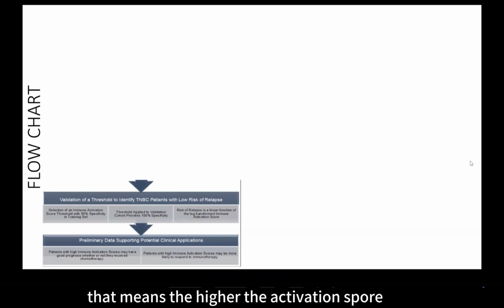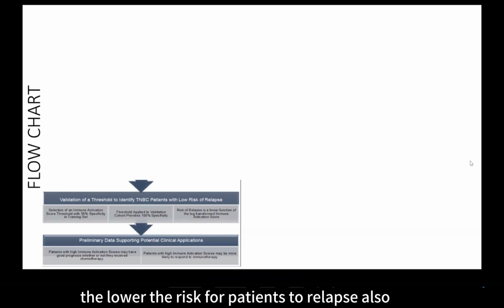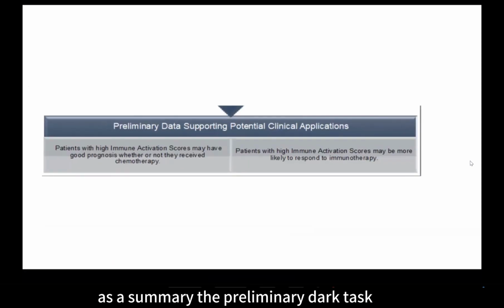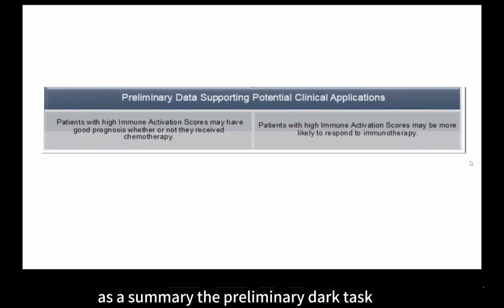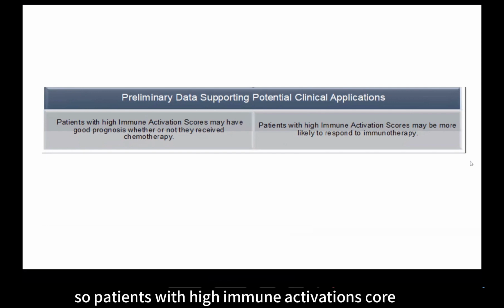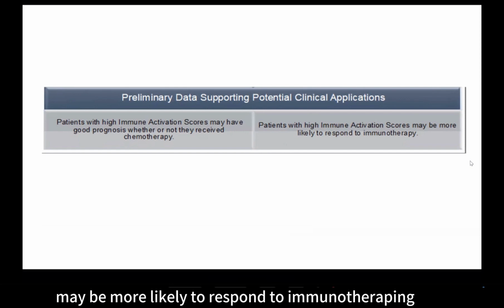That means the higher the activation score, the lower the risk for patients to relapse. As a summary, the preliminary data support potential clinical application. Patients with a high immune activation score may have good prognosis whether or not they receive chemotherapy. Patients with a high immune activation score may also be more likely to respond to immunotherapy.